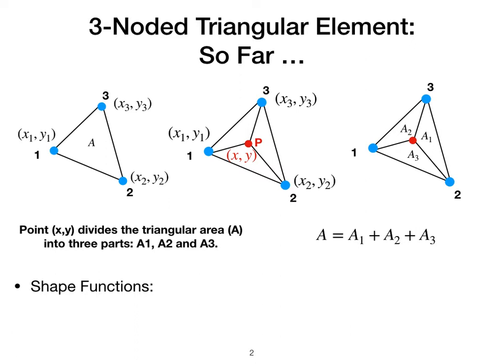We derived in our class that there will be three shape functions, and shape function N1 is given by area A1 divided by the area of the whole triangle. Similarly, N2 equals A2 divided by A and N3 equals A3 divided by A.